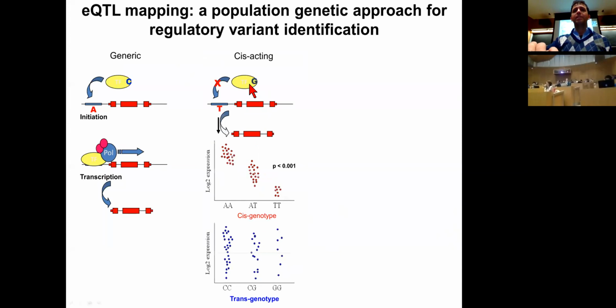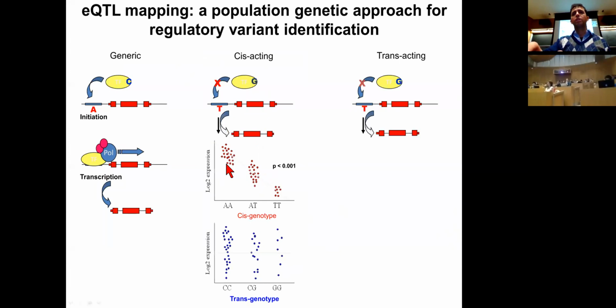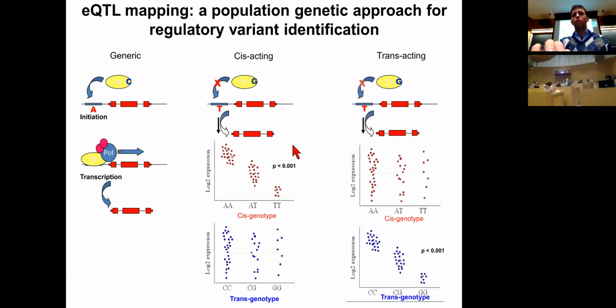You can then decouple that by asking what is specifically the cis-acting variation and what is the trans-acting variation. You can say how much of the variation that I see in expression is in fact due to these individuals having a different binding site, a different binding motif, or having a different protein sequence on the TF side that recognizes a different motif across the genome, versus a different motif instance that no longer matches the motif of the TF.